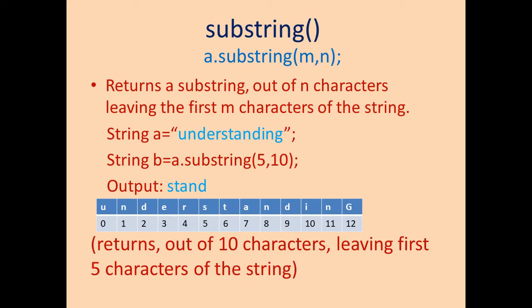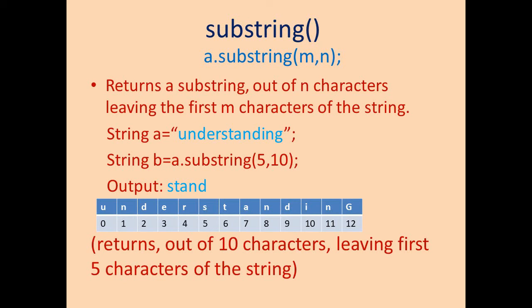That means from the 5th position it will start up to 9 because the 10th, the last number, will not be considered. That 10th position will not be taken; up to 9, just before that position number. If you are giving 5, 8, it will take the 5th position, 6th position, 7th position, just before that last number. It will not take that last position number.